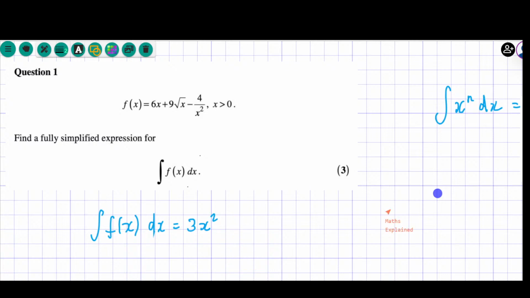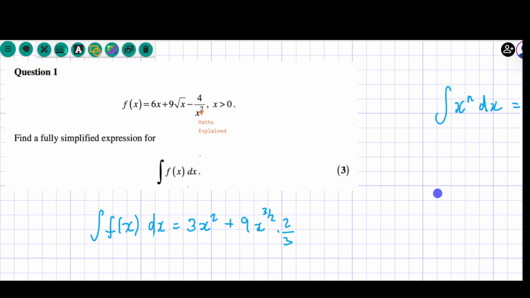And then we have 9 times the square root of x, which we can write as x to the power half. So half plus 1 is 3 on 2. We could do this in 2 steps, just to be really clear: 9x to the power of 3 on 2, and then we divide by 3 on 2, or multiply by 2 on 3.